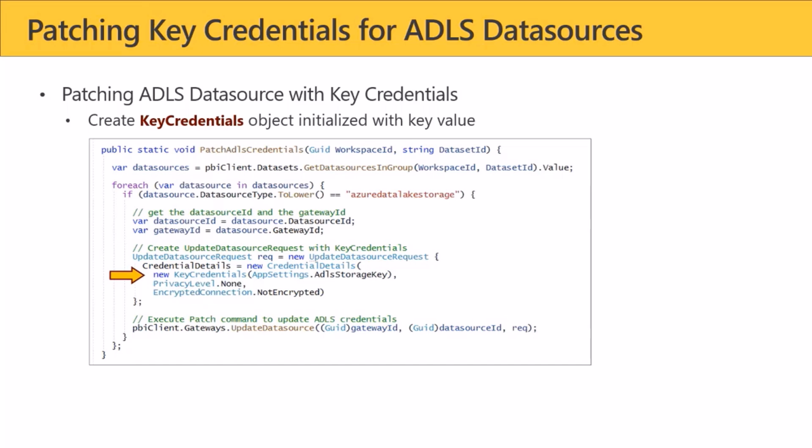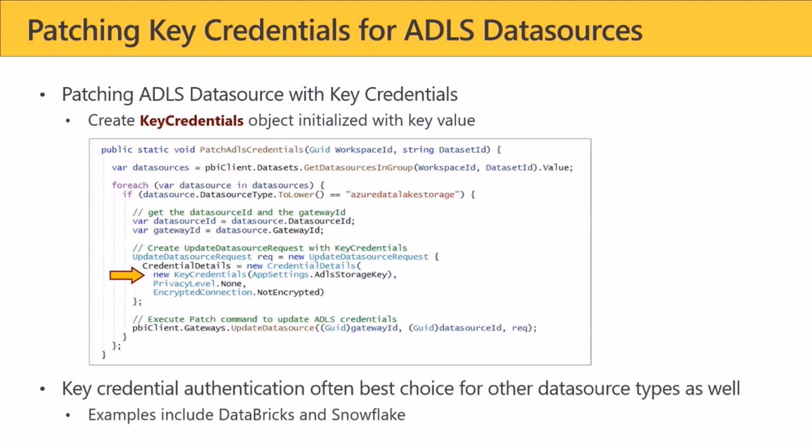So when you use a key, you're able to just create a key credential object and automatically set the credentials. Here, to connect to ADLS, I'm using key credentials. But I often see people connecting to other data sources like Databricks and Snowflake, and they're not sure what credential type to use. In general, especially if you're running a service principal, if you can use key credentials, that is what we're going to recommend. You'll see why that's the case as we go through this next section.